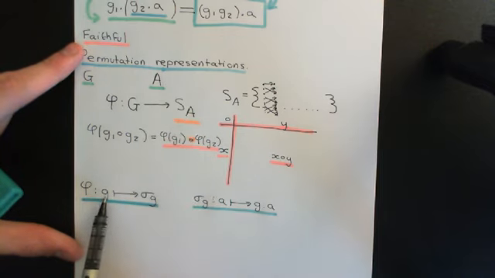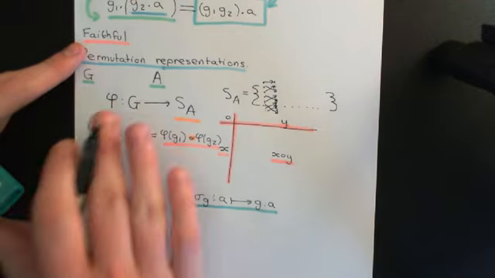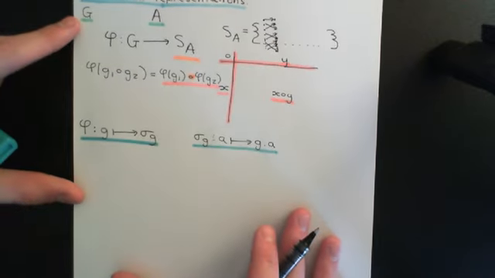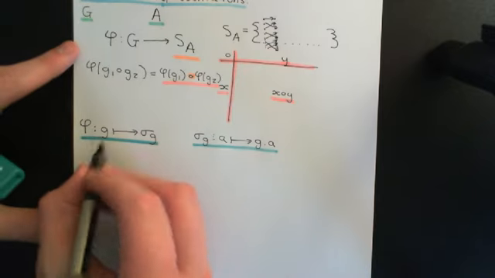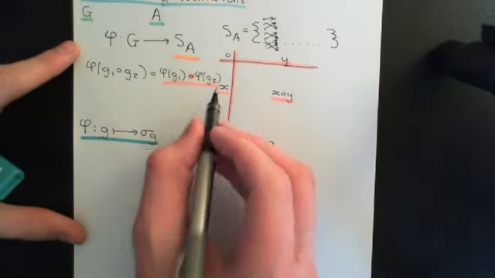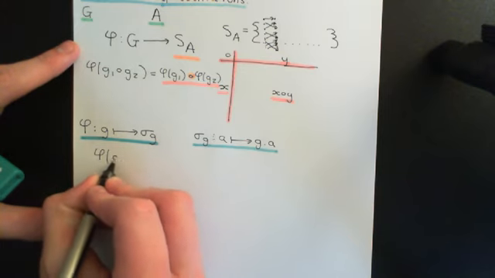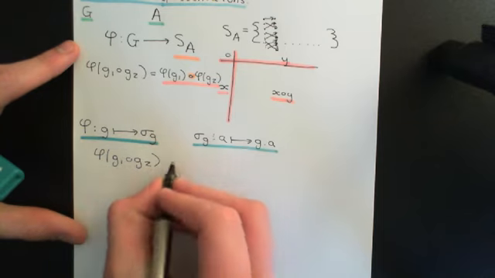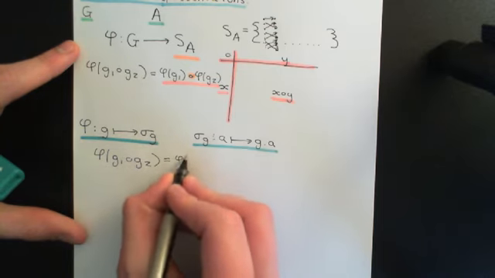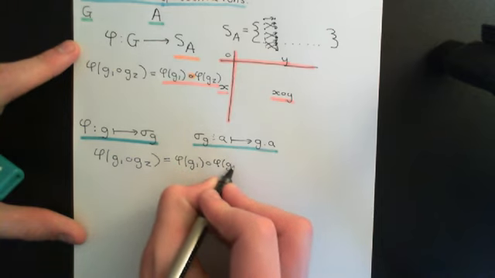It is mapping each element of the group onto a set permutation of the set A, so it's perfectly doing that, but we now need to make sure that it is in fact a homomorphism. Okay, so we need to make sure that it obeys this property of homomorphisms. Okay, so we need to make sure that for all little g1 and little g2 that you can pick from the group, that phi of g1 composed with g2 is equal to phi of g1 composed with phi of g2.